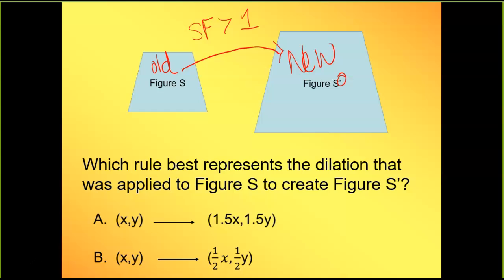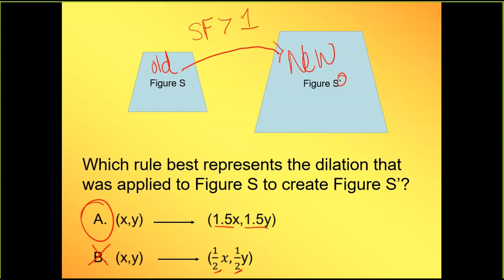What's our scale factor in A? 1.5. Very good. So then the next question in your notes, how do you know that B cannot be the answer? Because the scale factor is less than 1. 1/2 is less than 1. So I know B cannot be the answer because the scale factor is 1/2, less than 1.